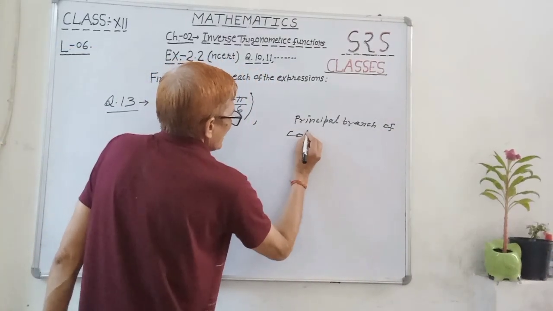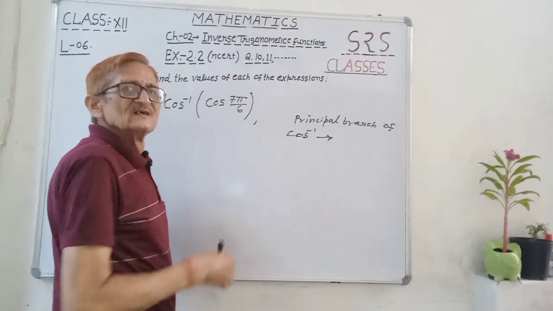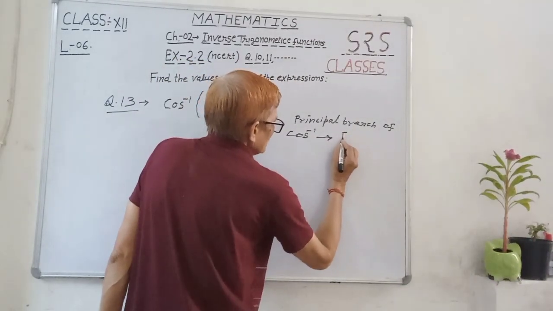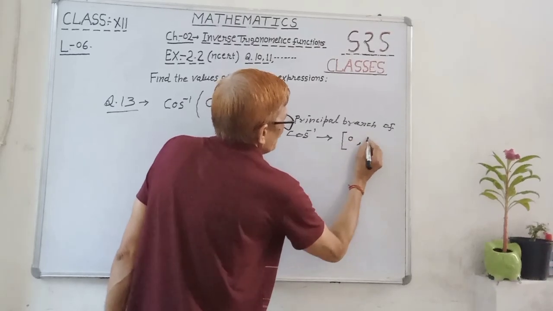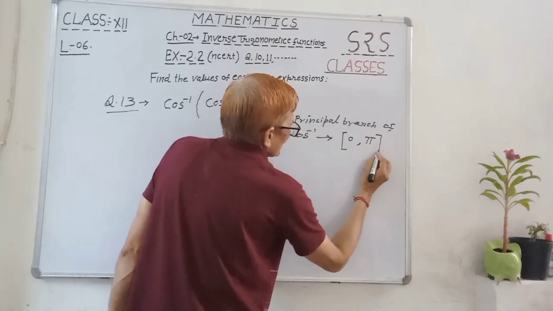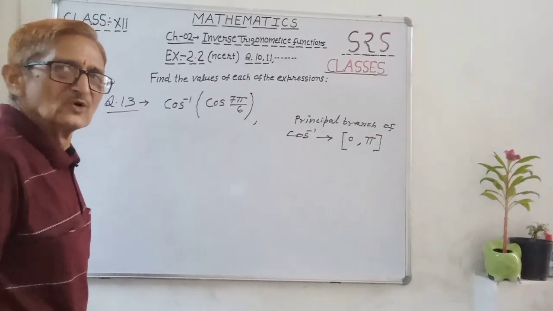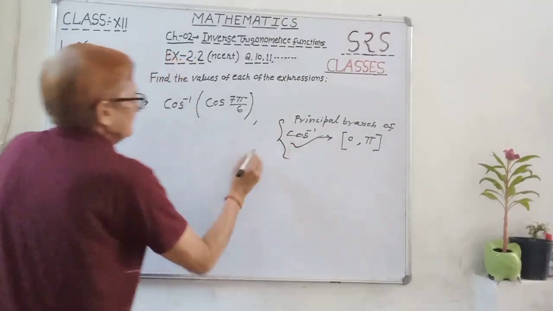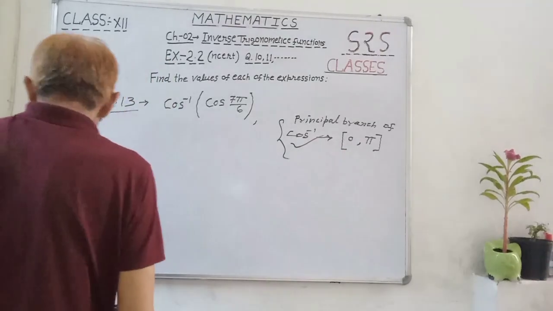So what is the principal branch of cos inverse, the range of its output? That is the closed interval 0 to pi. Okay, meaning first quadrant and second quadrant, including 0 and pi, a closed interval. This is the cos inverse branch. So our value must be between 0 and pi.